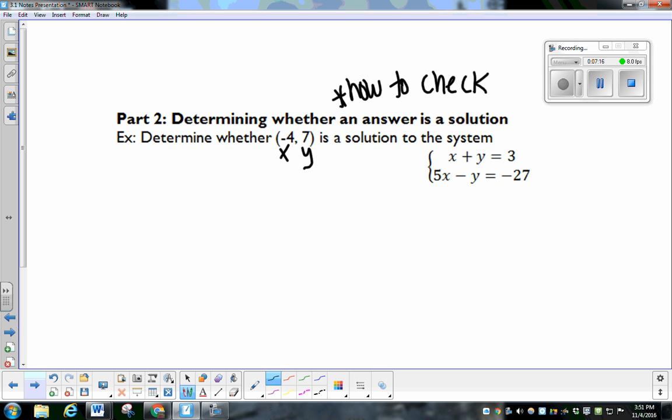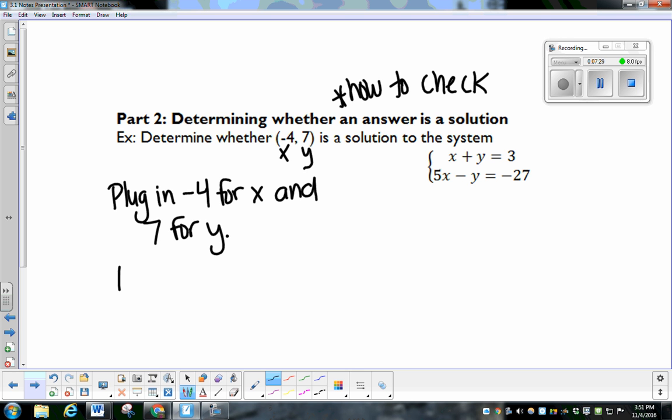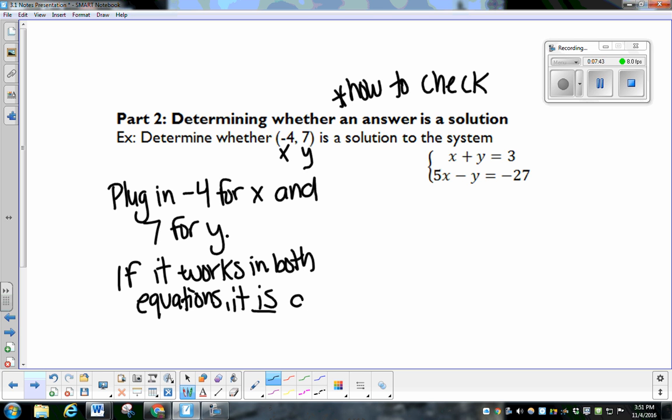So what I'm going to do here is plug in -4 for x and 7 for y. If it makes both equations true, so if it works in both equations, then it is a solution.